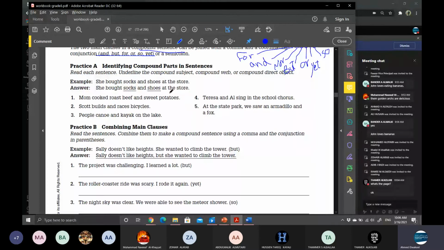Identify the compound parts in each sentence. Number 1, Mom cooked roast beef and sweet potatoes. Roast beef and sweet potatoes, those are a compound direct object. Bravo. So here I have a compound direct object. Bravo, Hussein.